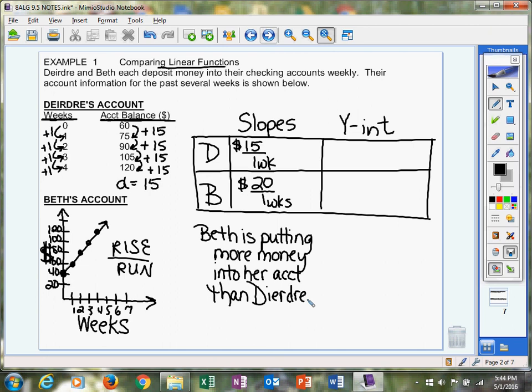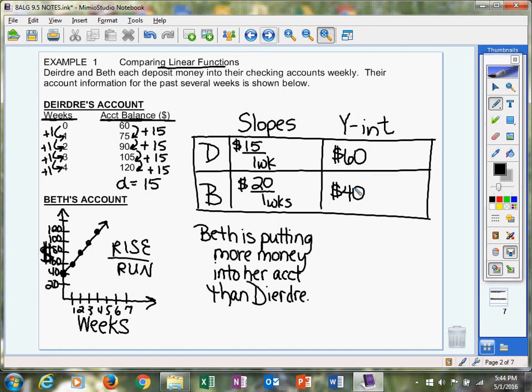When x is 0, y is, and for Deirdre, that would be 60. And for Beth, looking at the graph, we're looking for the point that's on the y-axis. And for her, that would be 40, and that's dollars. Okay, so Deirdre's y-intercept is $60, Beth's y-intercept is $40. What does it mean? Well, this is how much money is in their account.